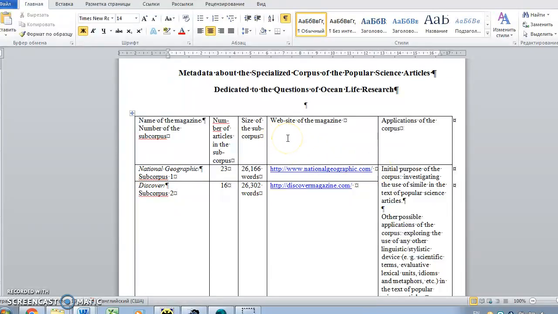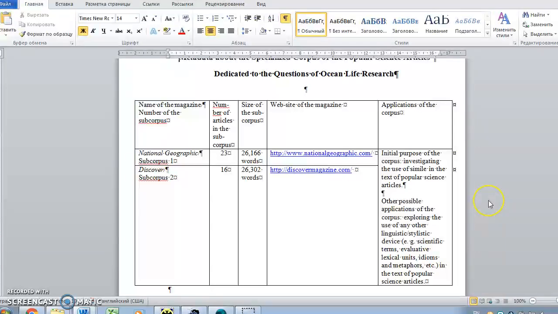Among those things which I haven't mentioned yet are the websites of the magazines, as well as some possible applications of both subcorpora. For example, the initial purpose of the corpus in general, investigating the use of simile in the text of popular science articles, as we already know, and also some other possible applications of this corpus, particularly exploring the use of other linguistic or stylistic devices, for example, evaluative lexical units, metaphors, idioms, scientific terms, and so on.